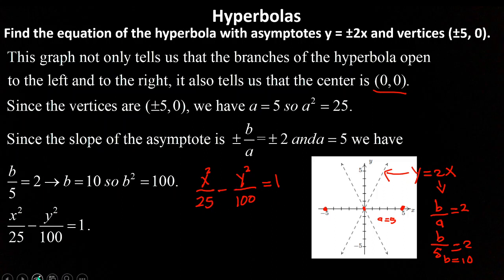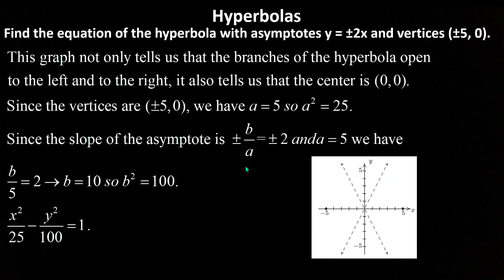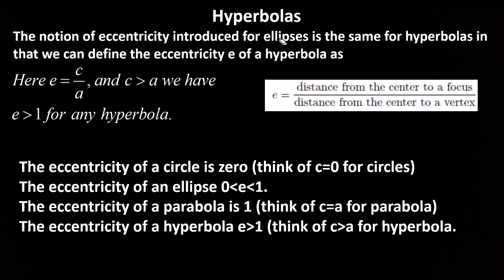All right, so you can stop the video and look at this again. The calculation is there. All right, so there is another concept, of course, the concept of what? The eccentricity. We talked about that with ellipses. So hyperbolas also have eccentricity. And eccentricity for hyperbola is c over a again.